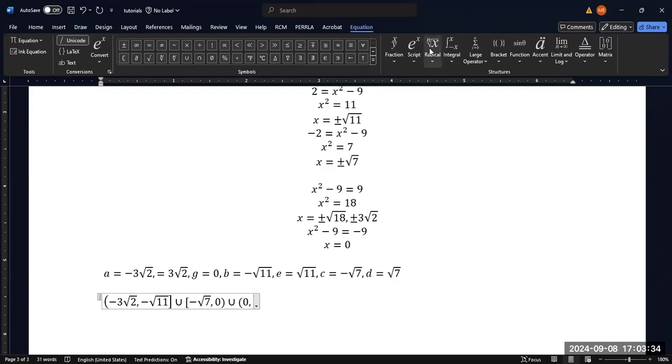So now back down to the square root of 7, square bracket, because that's on the 2 line, union square root of 11, comma 3 square root of 2, parentheses, because that's on the 9 line.